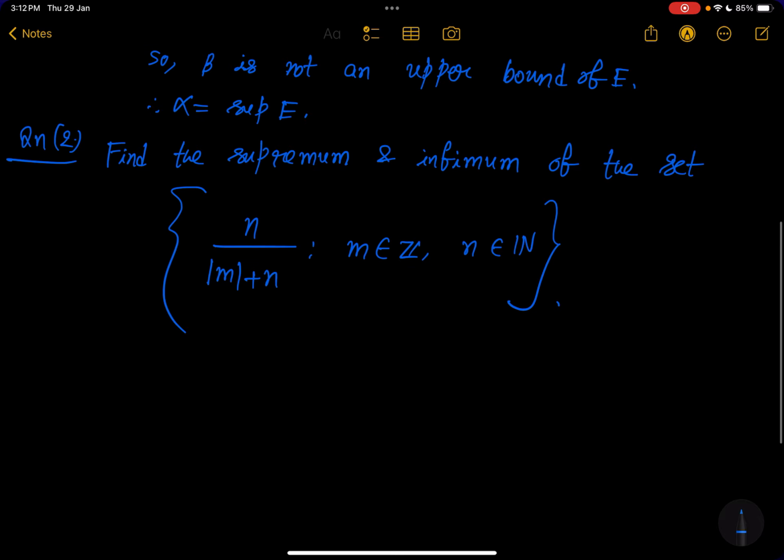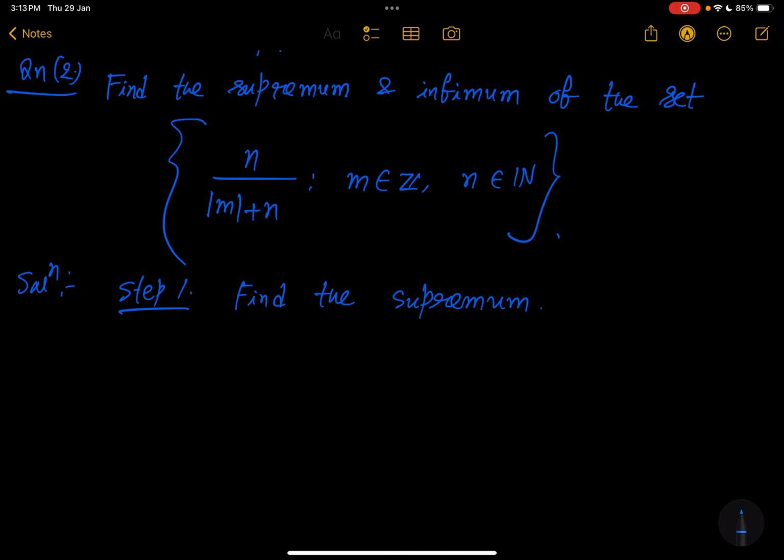So the solution. In the first part, step 1, we'll find the supremum. What to do to find this? Observe that all the elements of this set look like this: n by mod m plus n.